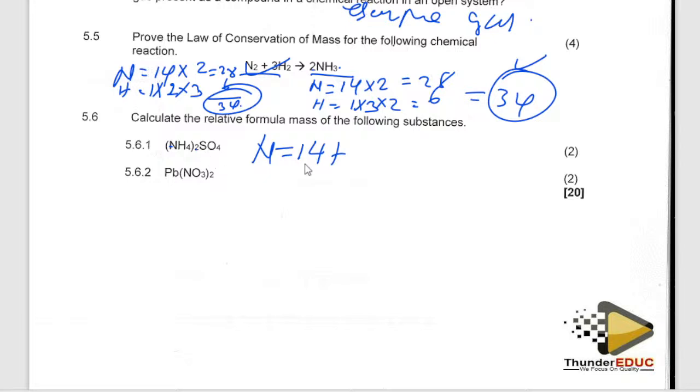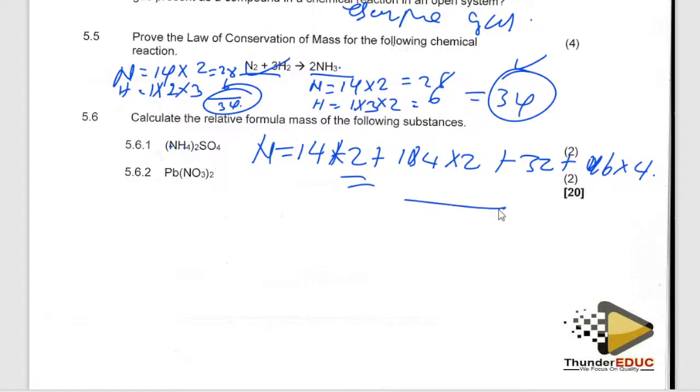There are 2 of them, times 2, and then hydrogen is 1 times 4 times 2. Then plus sulfur is 32, only 1. And then oxygen is 16 times 4. So you calculate, and the answer you get will be there for this.